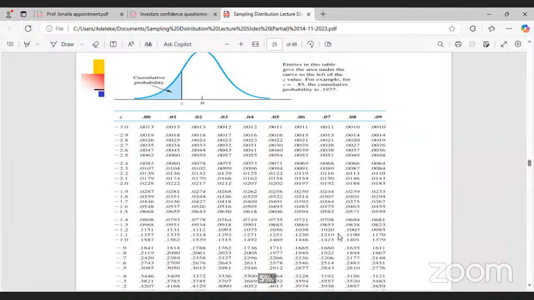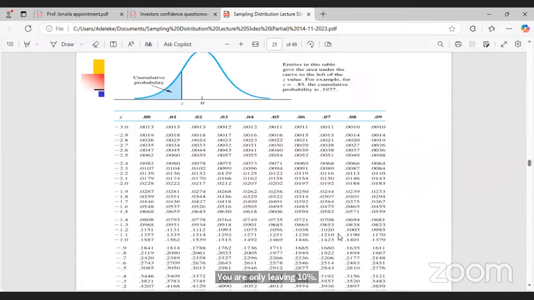If you are absolutely confident, that will be 100%. But if you are 90% confident, you are only leaving 10% for error, right?